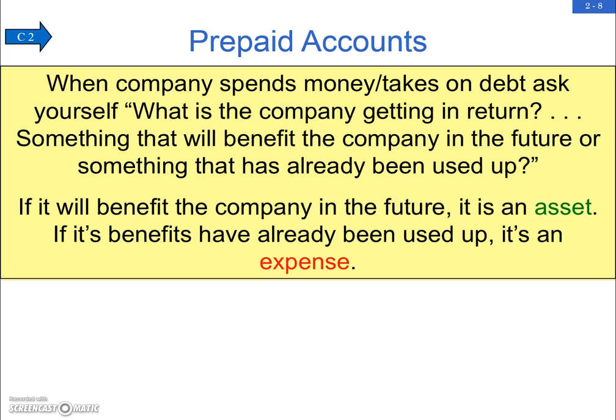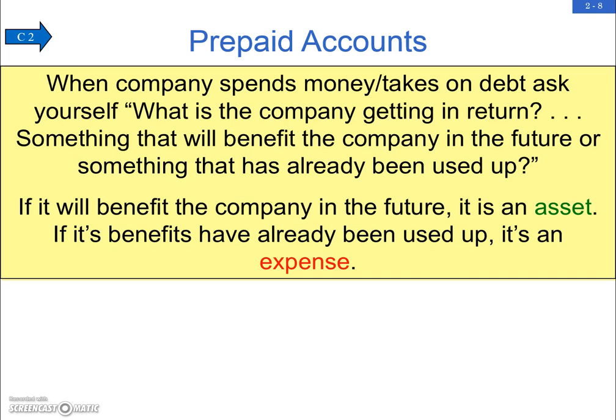However, if our utility company came to us and said, hey, if you prepay us $9,000 right now, that will cover all of your electricity for next year. That would be an asset, right? If we went and gave them $9,000 cash, of course we would reduce our cash by $9,000, but we wouldn't incur an expense yet. What we've gotten is a $9,000 asset, right?